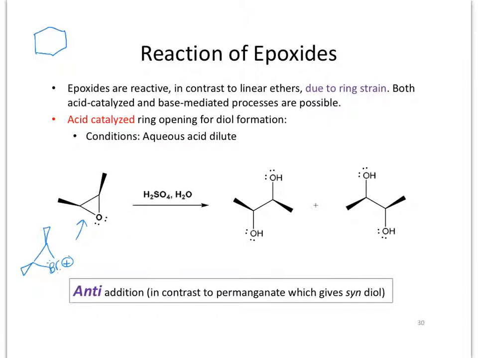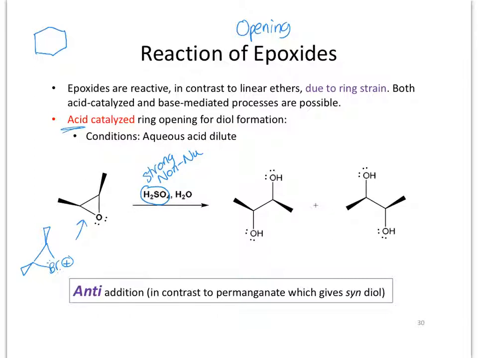So there's a couple of different ways we can open the epoxides. This reaction of epoxides is really opening epoxides. And there are two conditions we can use, and they do slightly different things, so it's important to distinguish between them. There's acid-catalyzed opening, which involves dilute aqueous acid. And if I asked you what type of acid H2SO4 was, you should probably tell me it is, nope, not polar, it is strong and it is non-nucleophilic.